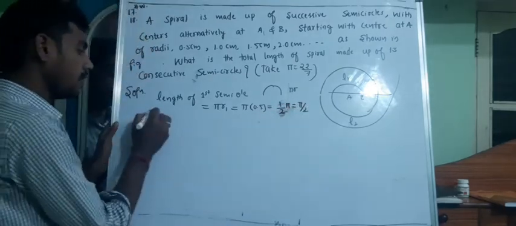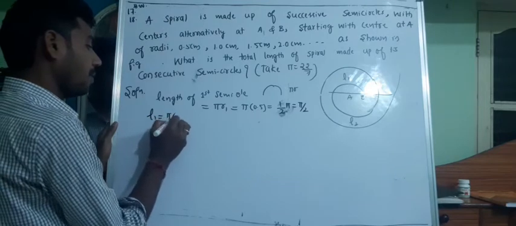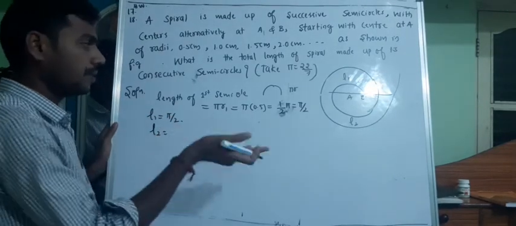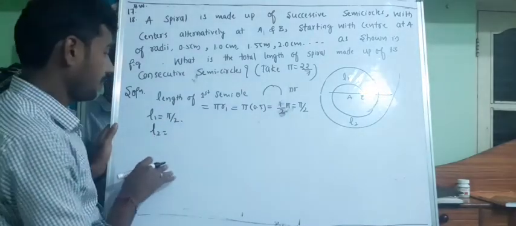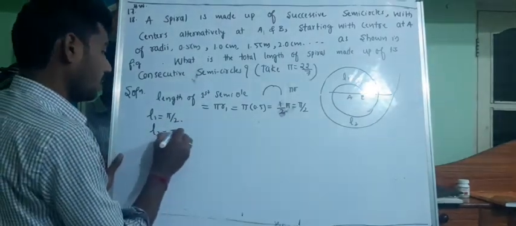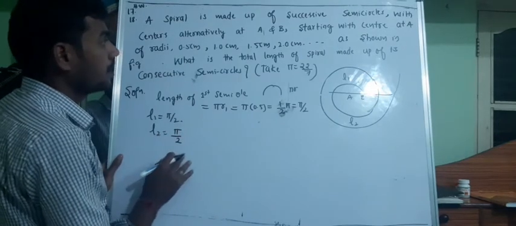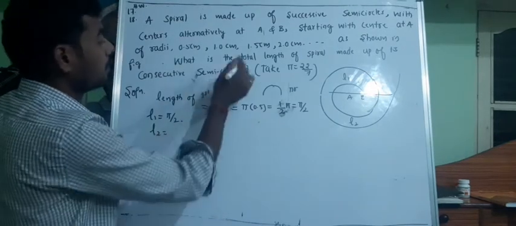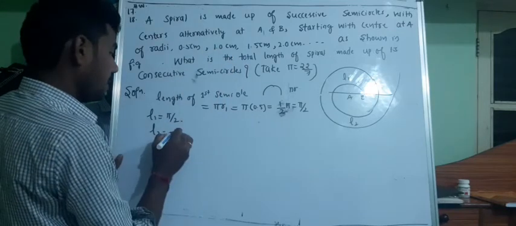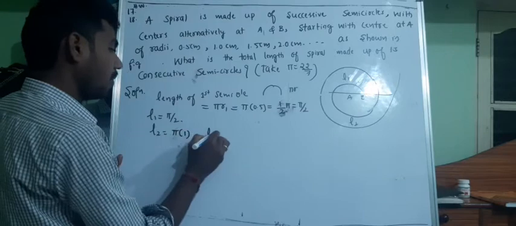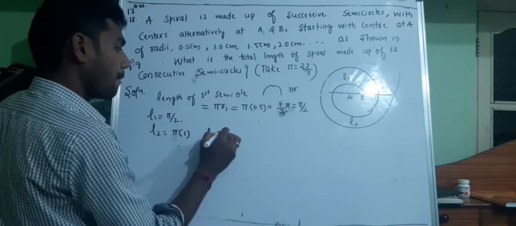So L1 is pi by 2. Next, L2, the length of the second semicircle, is pi into r, what is r here? 1 centimeter. So L2 is equal to pi.